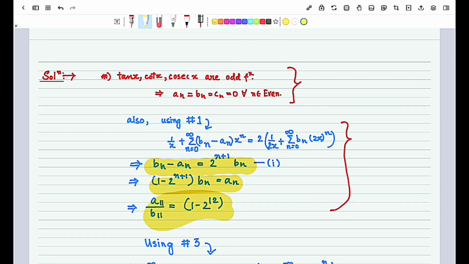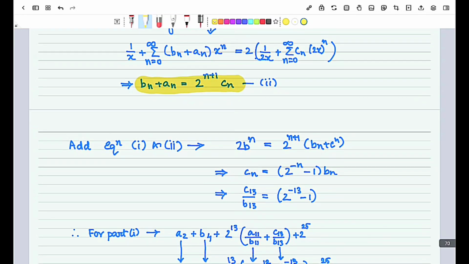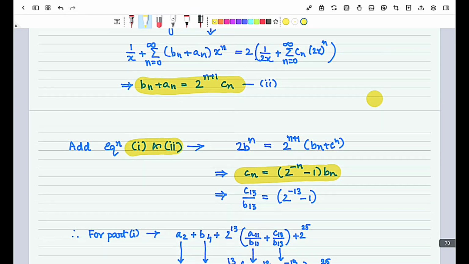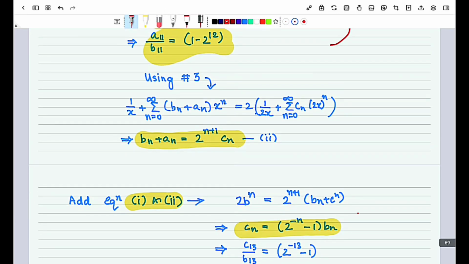After that, as said in hint number 3, you can find the manipulation of a_n, b_n and c_n, the relation between all of them. Then you can get an expression of c_n in terms of b_n by adding equations 2 and 3. It cancels out the a_n part, and you get an expression in b_n and c_n exclusively.